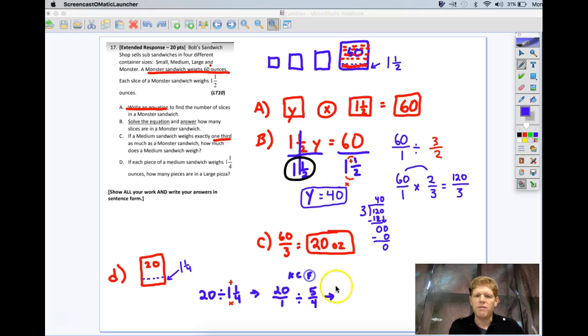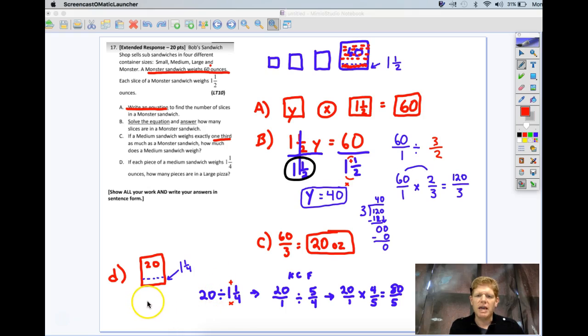Then I've got to do my division, and the first step of division is KCF, right? Keep, change, and flip. So I keep the first one, 20 over 1. I change the division to multiplication, and then I flip this guy right here. And that is going to give me 80, top times the top, over 5, bottom times the bottom. So how many times does 5 go into 80? That's the really important question.